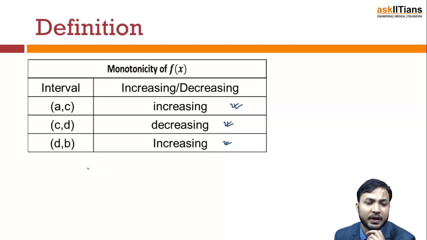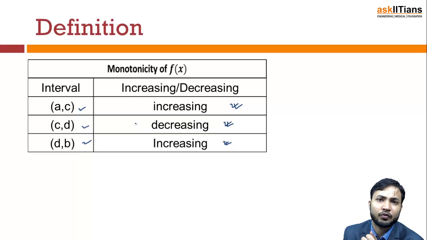So the function f(x) during the intervals a, b, c, d mentioned, increases, decreases, and then increases again. So this is the point that we studied, that there are different values for a function at different intervals.